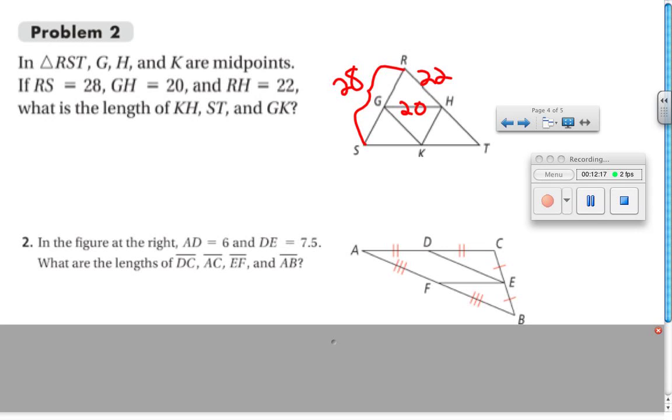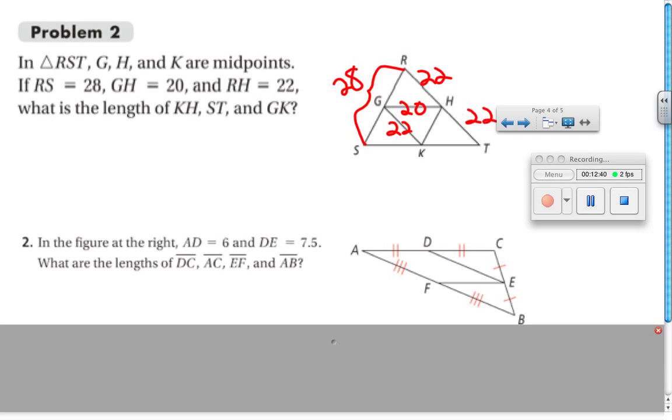My next question, how about this RH of 22? Is there anything else in this diagram that's going to be 22? Catherine? I know HT is going to be 22. Anyone else see something that's going to be 22? Hope? GK. GK will be 22. Fantastic observation.